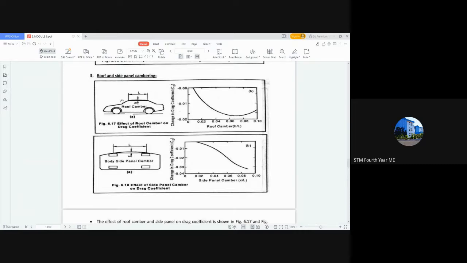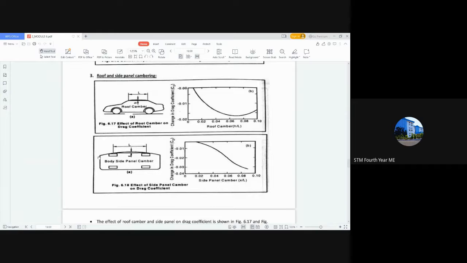It is not horizontal, or parallel to the ground surface. A small amount of rounding, or camber, is provided at the roof. In the same way, at the side of the vehicle, if you look at the car at your house itself, you can notice a small side panel camber is also provided. It is not completely flat; there is a small camber provided here.